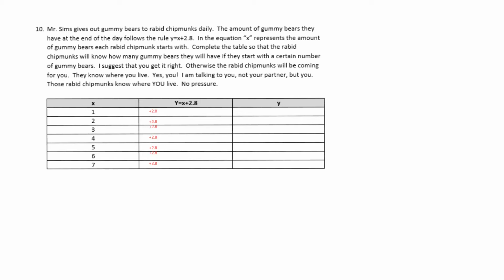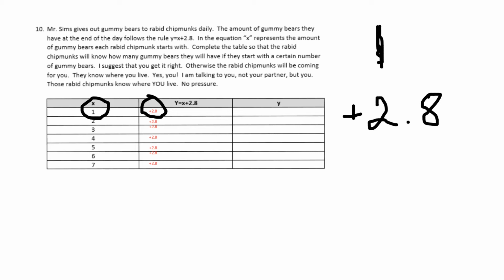So I'm just going to go ahead and fill that in throughout the chart. All I've done is fill in my process, which is plus 2.8. So whatever my x value is, I add 2.8 to it. Now that I have both of those, I can start coming up with my y value. If x is equal to 1, and the process is add 2.8 to it, I have 1, and I want to add 2.8 to it.